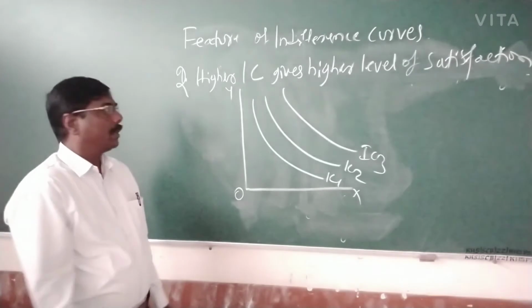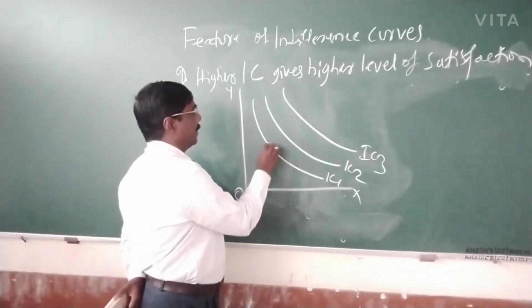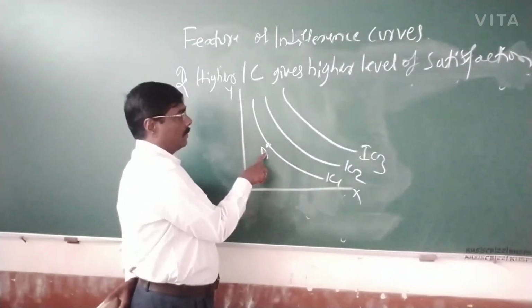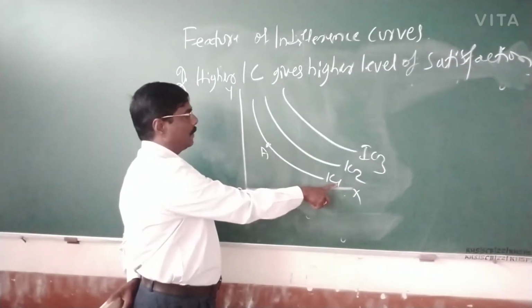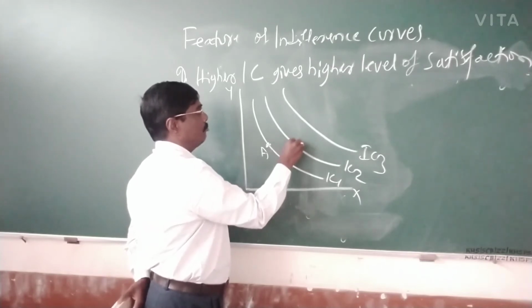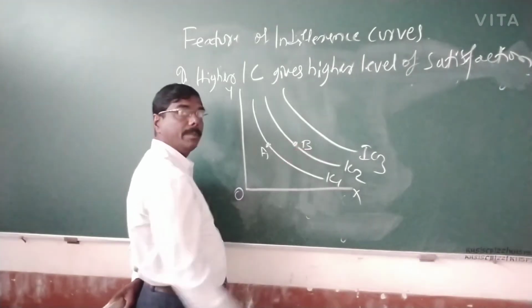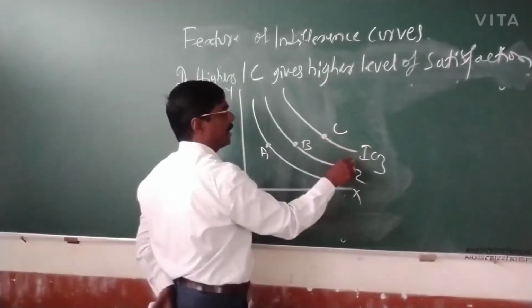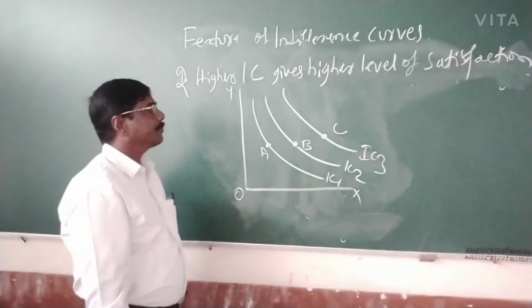Say the A combination lies on IC1, the B combination lies on IC2, and the C combination lies on IC3.